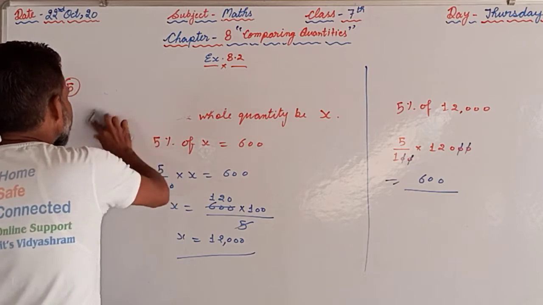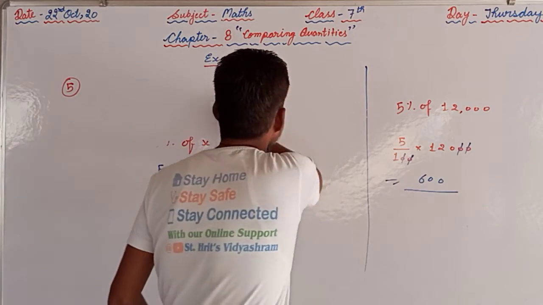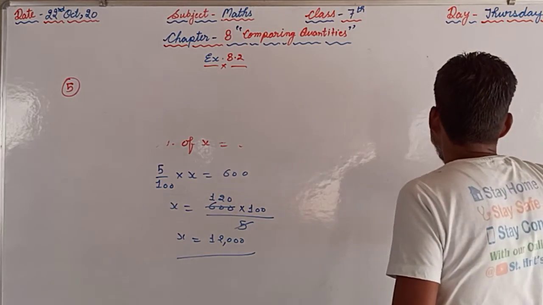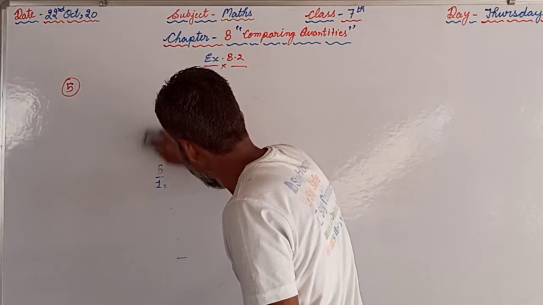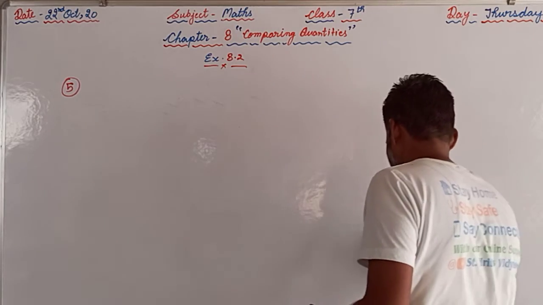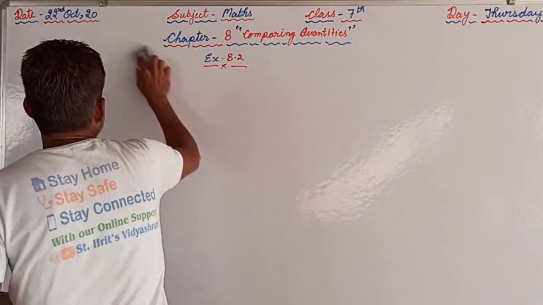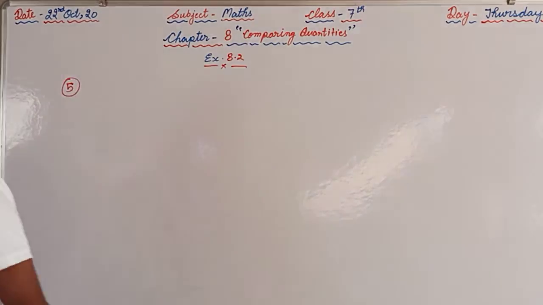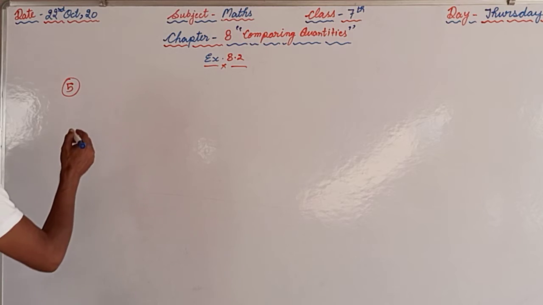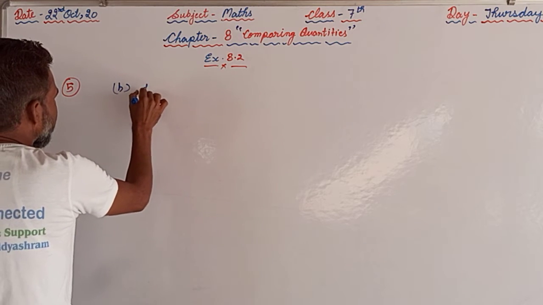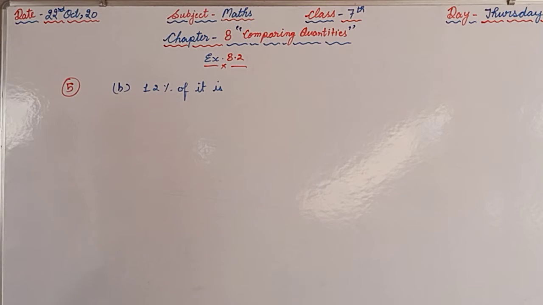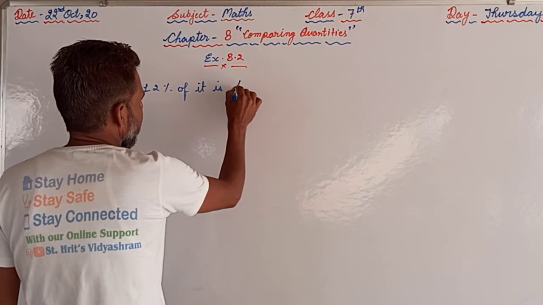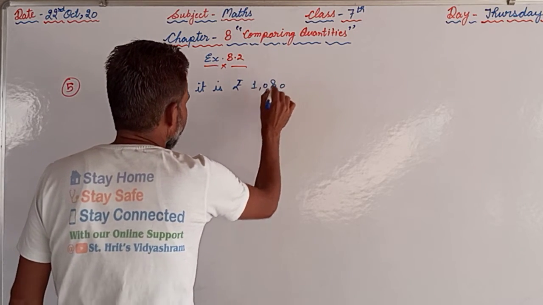In the meantime, we can discuss one more part from this question. That is B part, 12% of it is rupees 1080.